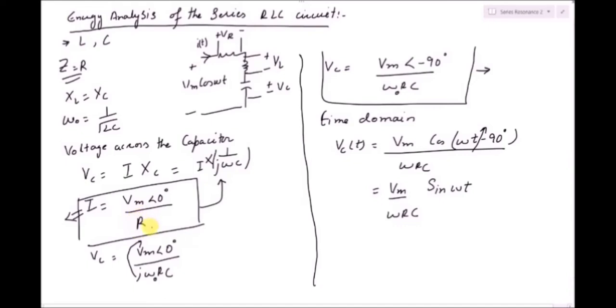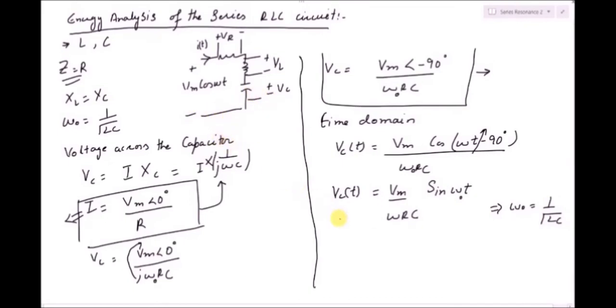If the impedance is resistive, the omega should be omega naught, which is the resonant frequency. So in all the equations, omega should be omega naught. And what is the value of omega naught? We know that omega naught is equal to 1 over the square root of LC.